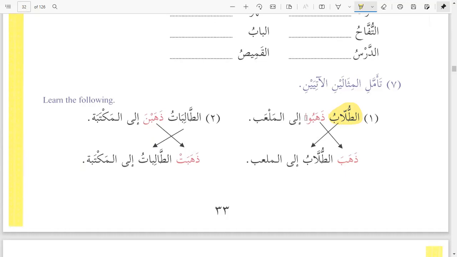Zahabu. At-tulabu zahabu ilal mal'abi. The students went to the playground. Ilal mal'abi, to the playground.